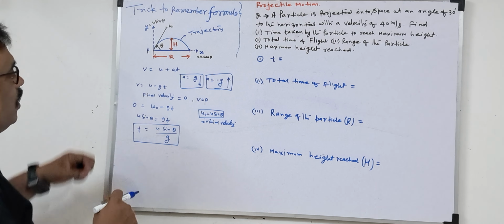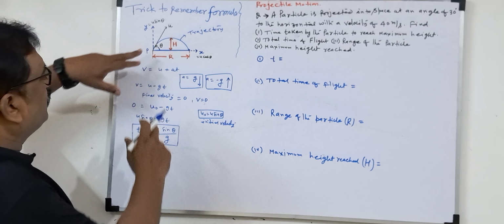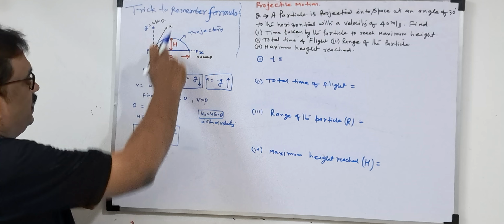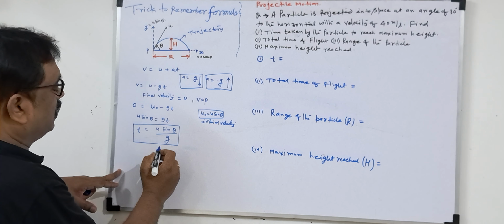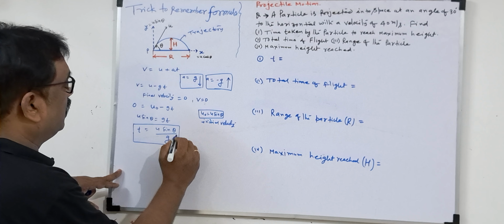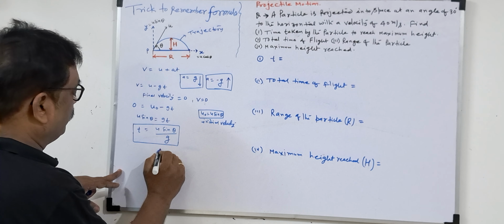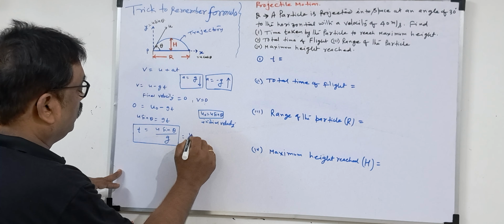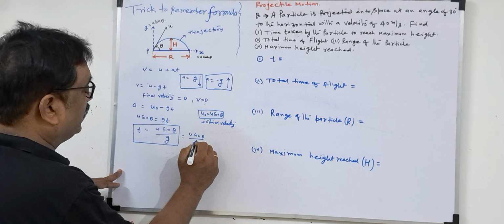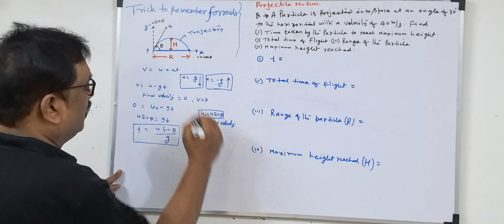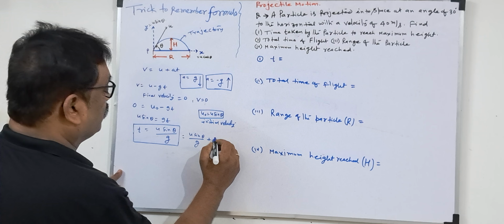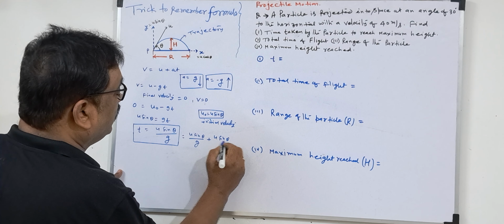Now, T equal to this is the time to reach the maximum height. Then it will come down again, so the total time is 2 times. U sin theta by G for reaching the maximum height, and again U sin theta by G coming down to the horizontal.